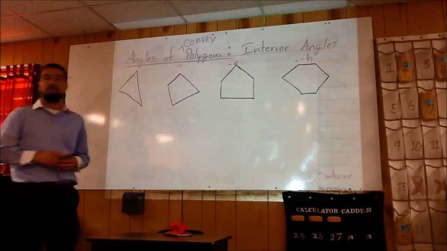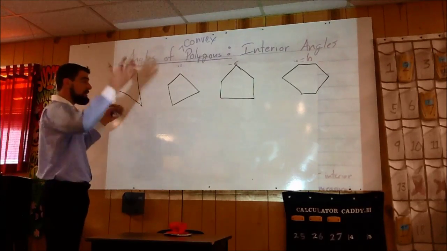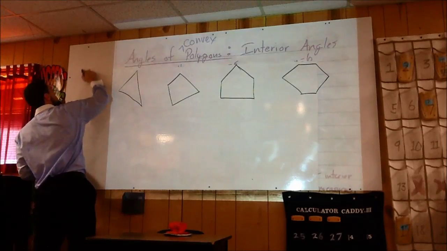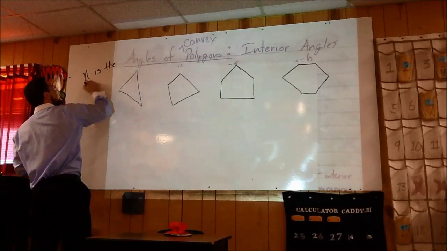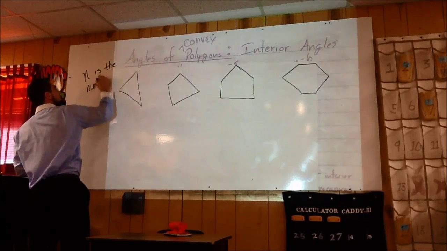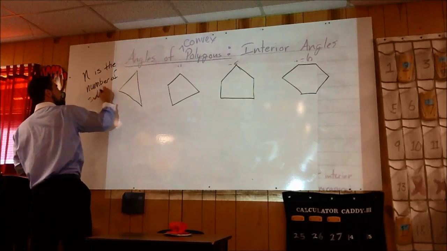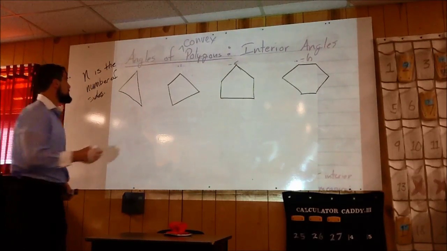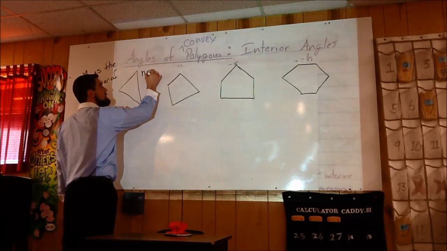We're going to use a variable n, and n stands for the number of sides. So somewhere on this page, it doesn't matter where, you need to make a note to yourself where n is the number of sides. So for a triangle, n is equal to what? 3.